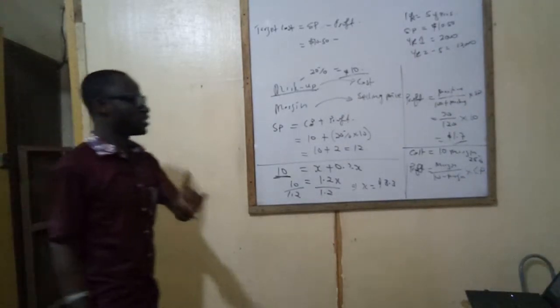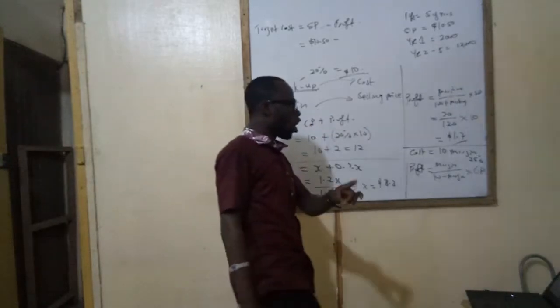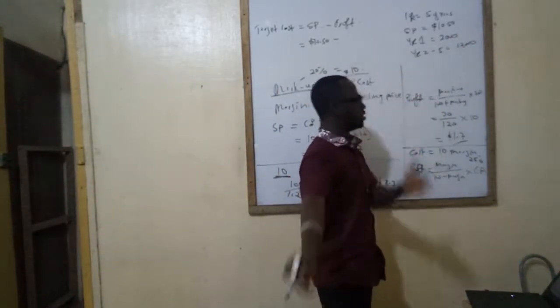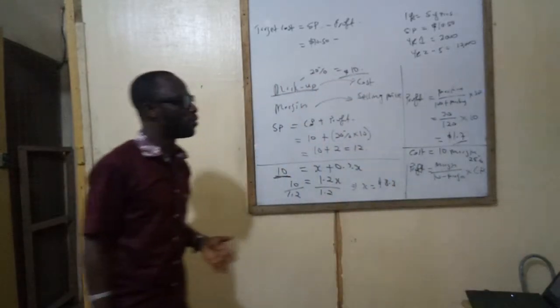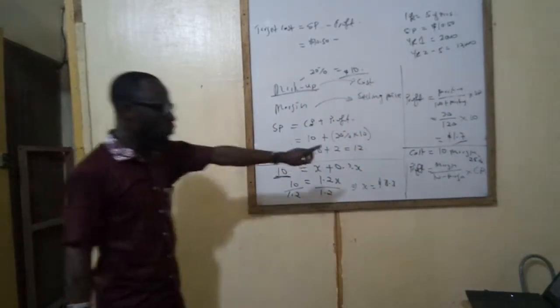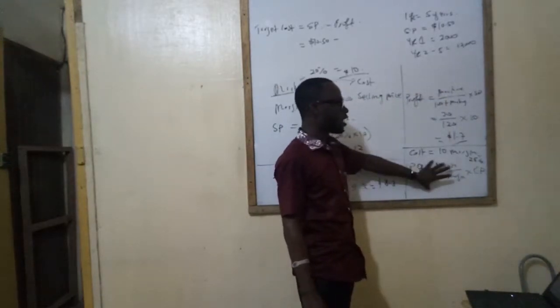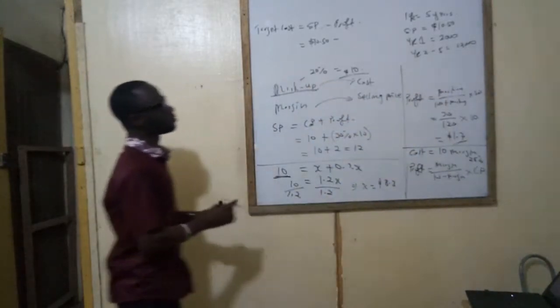These are the two things you need to understand when it comes to moving from markup to margin. Why did I emphasize that? Because the examiner will get you here, and some of you are also doing financial reporting, and you'll be needing this in consolidation. So it's a key area that you need to understand.